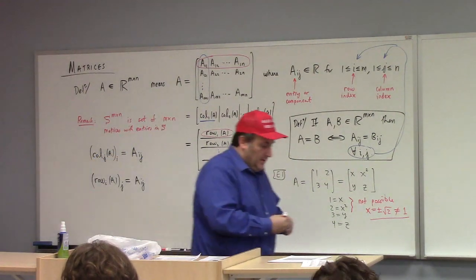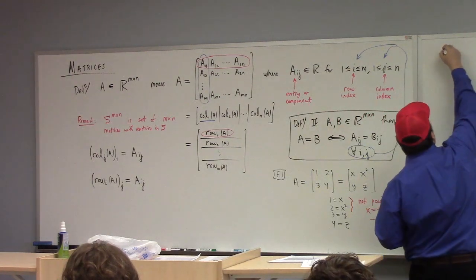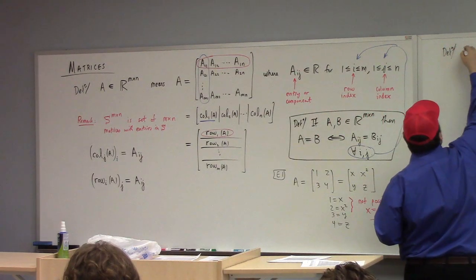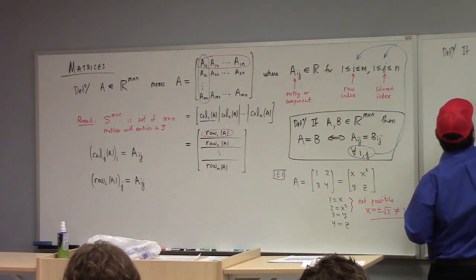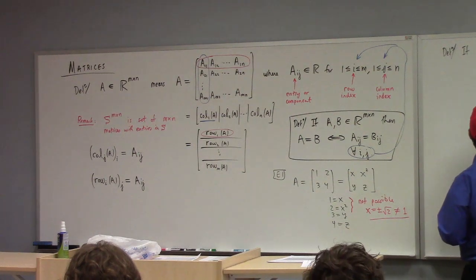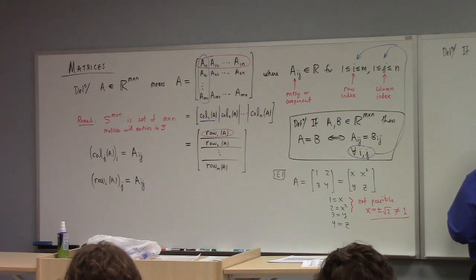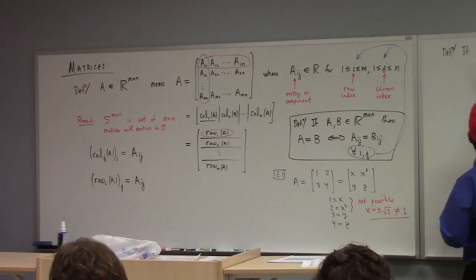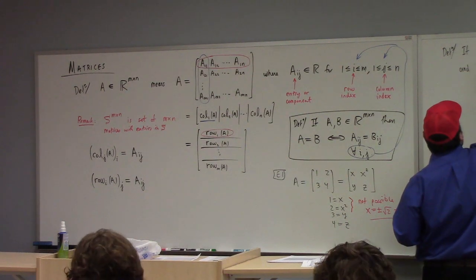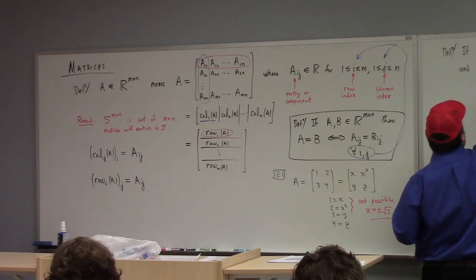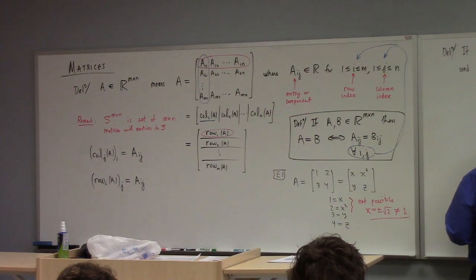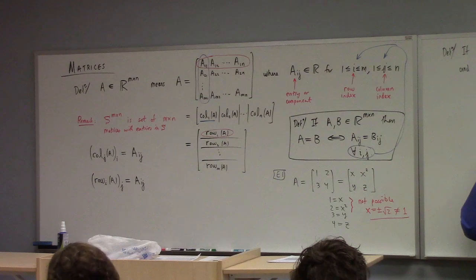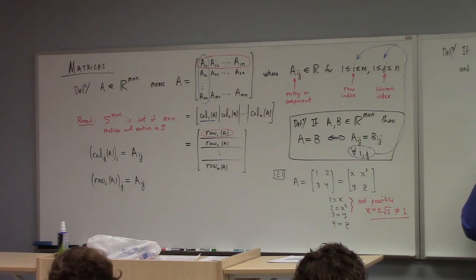So definition. If A is in R^(m by n), then A transpose is in R^(n by m). And (A transpose)ij is equal to Aji for 1 less than or equal to i less than or equal to m, and 1 less than or equal to j less than or equal to n.